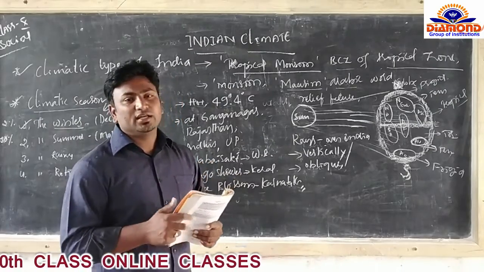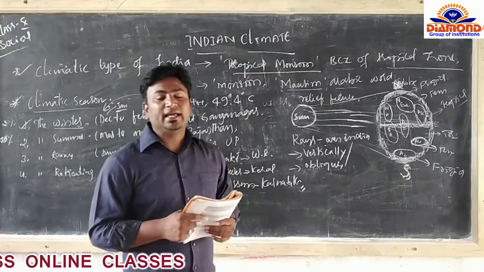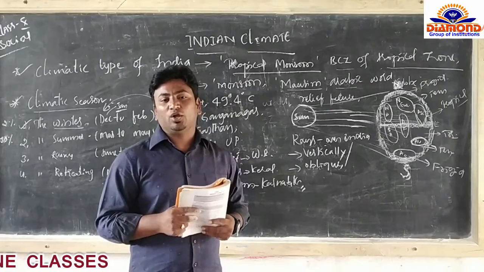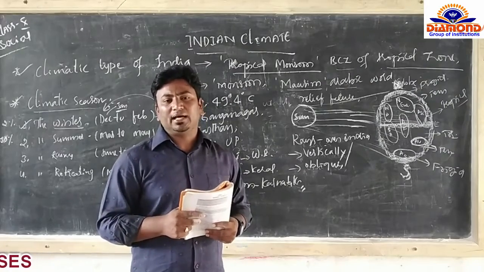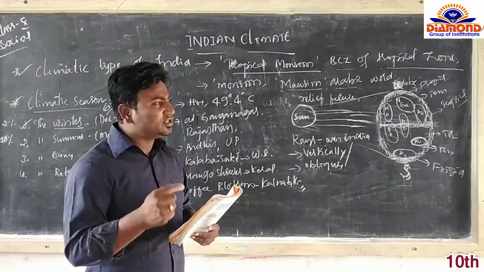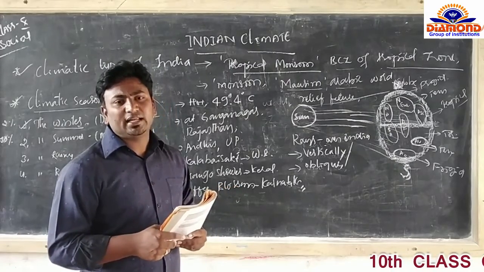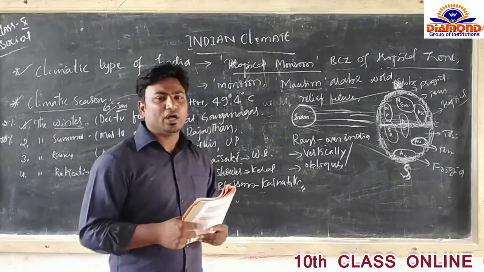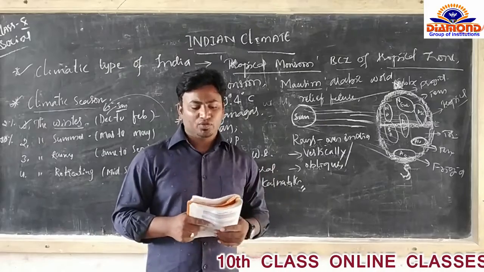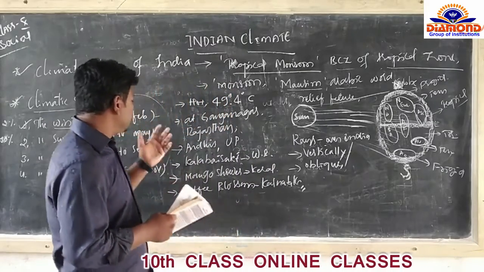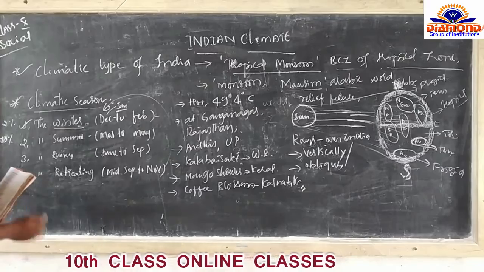Why is it called the land of sunshine? Because it has a hot climate, like Gulbarga, Bidar, Ballari, Koppal, Vijaypur. All these areas have very high temperatures. So we call this the second season, of May.